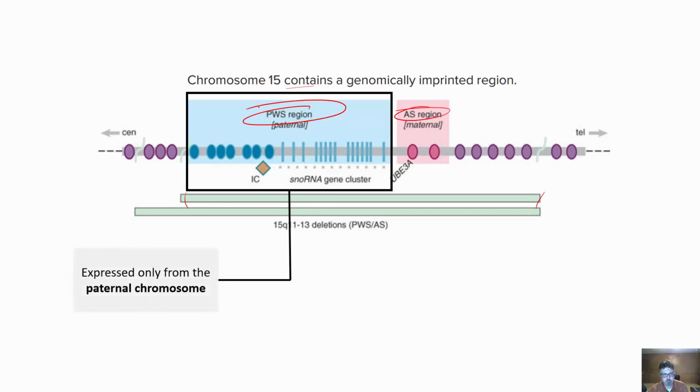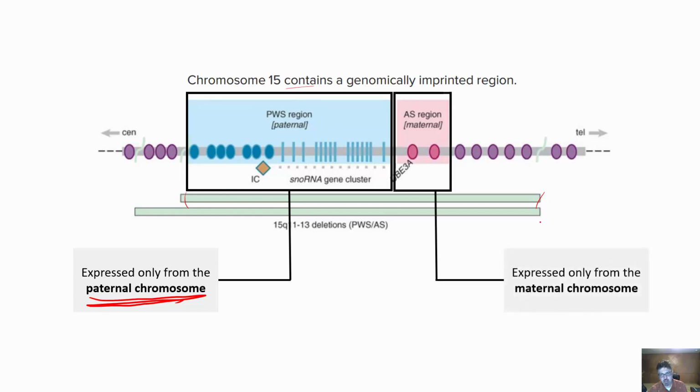So let's talk about the paternal region first. This is going to be dealing with expression that's only passed down from the paternal chromosome. So this expressed region over here is on the paternal chromosome, which means on the maternal chromosome, it will be imprinted. It will be turned off. Likewise, over here, this area is only expressed on the maternal chromosome.